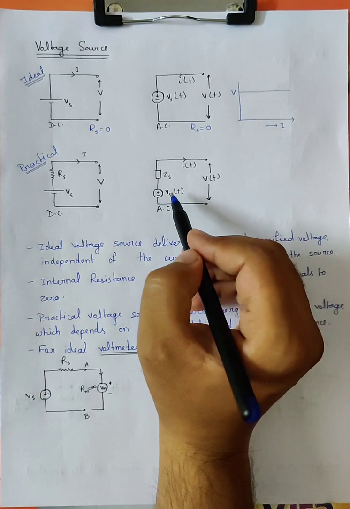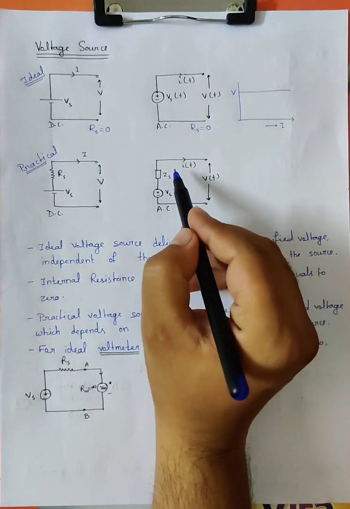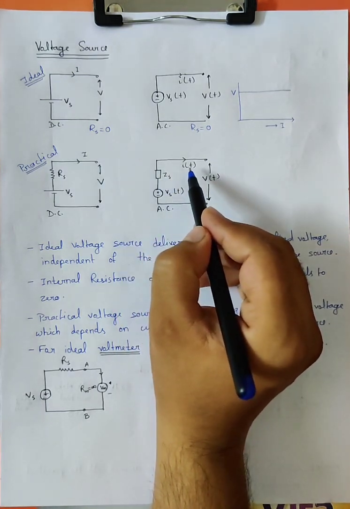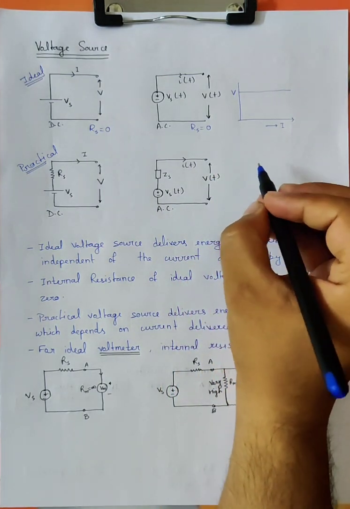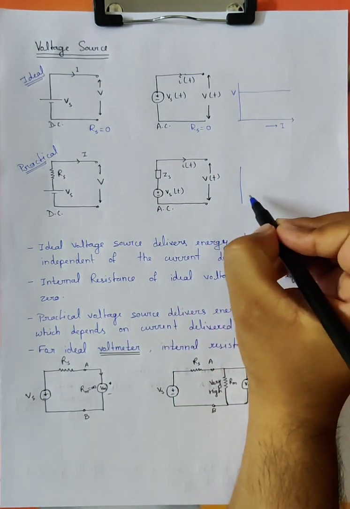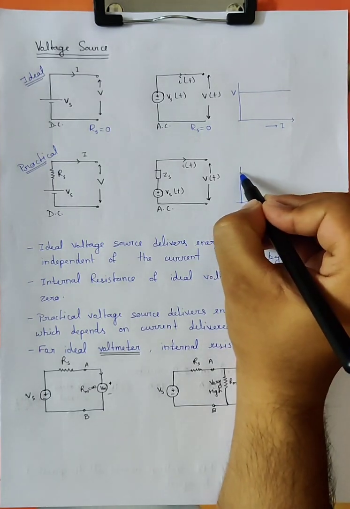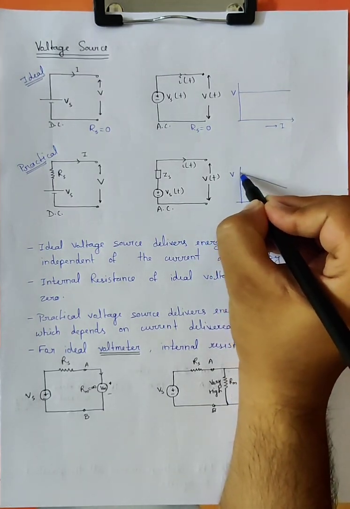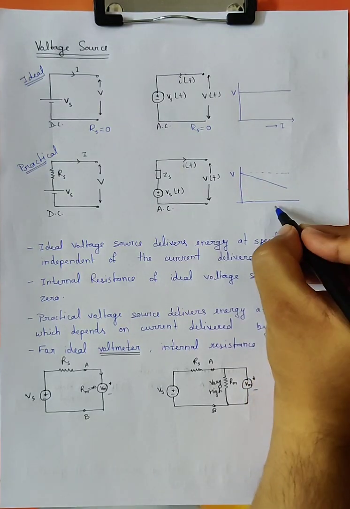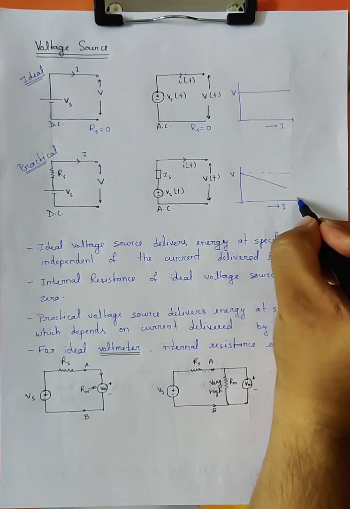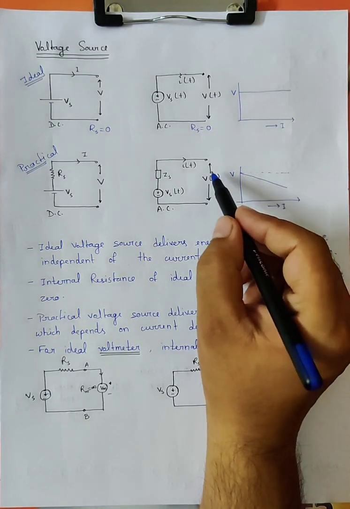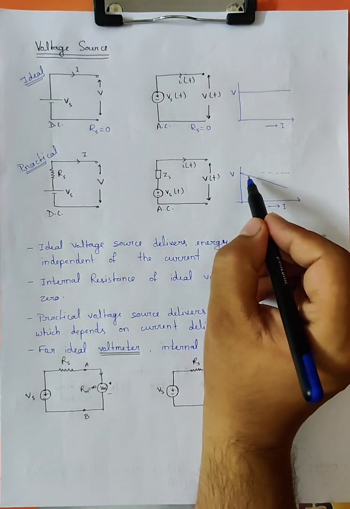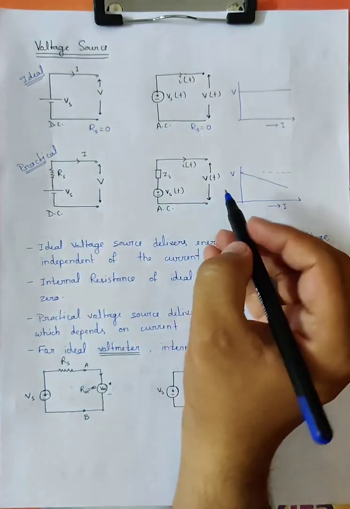For AC circuit, the voltage source is Vs(t), the internal impedance is Zs, and the current supplied is i(t) and the terminal voltage is v(t). The characteristics for this practical voltage source will be like this. This is V. This is I. So with increasing value of I, the voltage across the terminal will decrease like this.